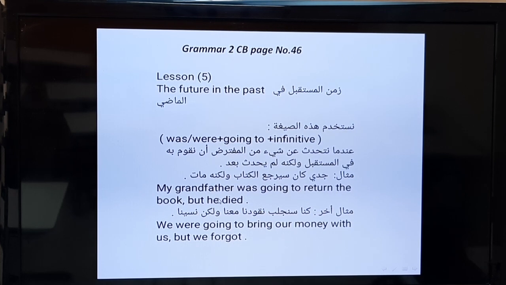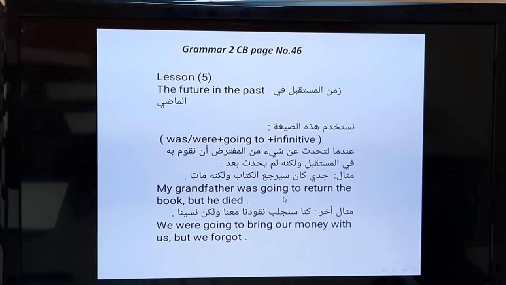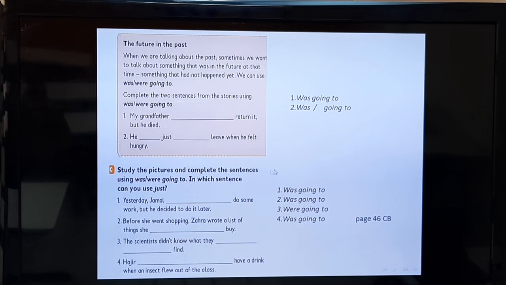But if we have grandfather, she, he, or it, you use was plus going to plus infinitive. Infinitive: to return, to bring, to play, etc. So on this page you can find the meaning of the sentence, and on the next page you can find the rule in the box.